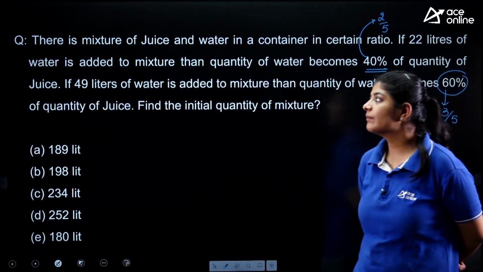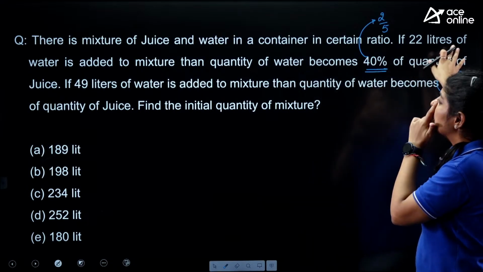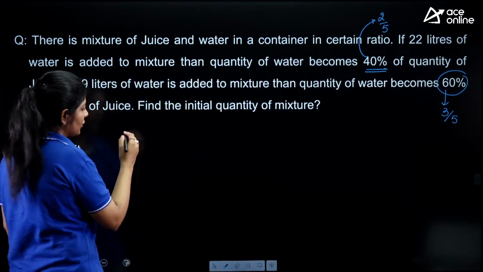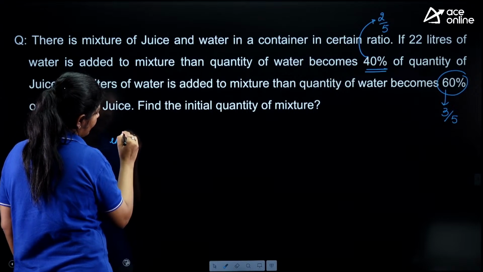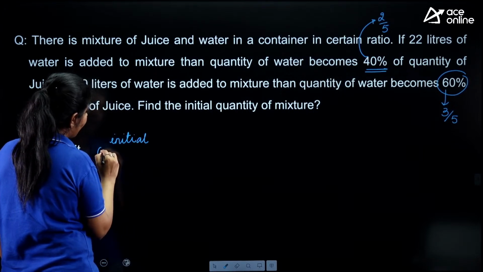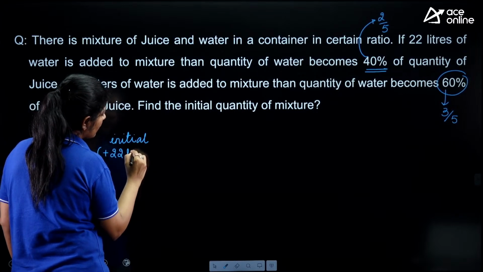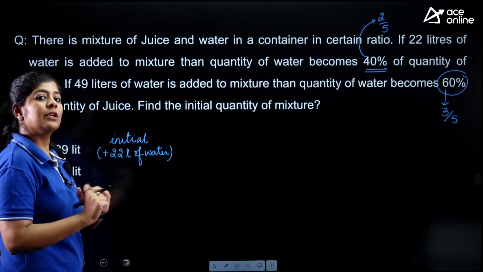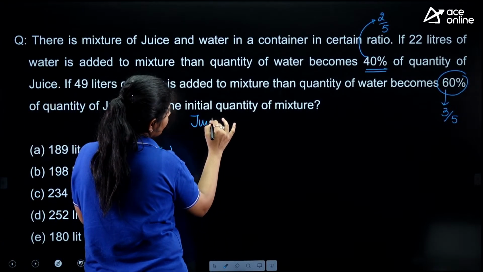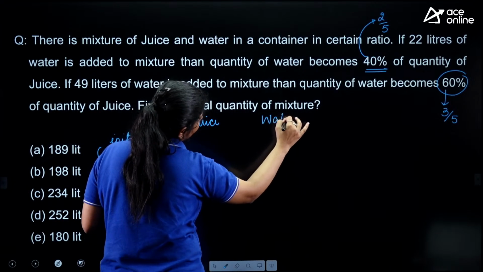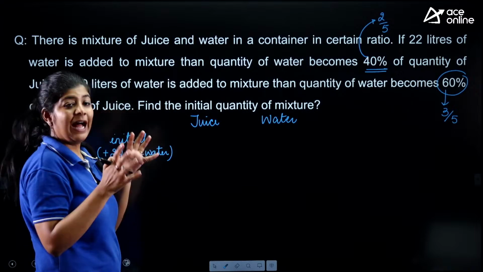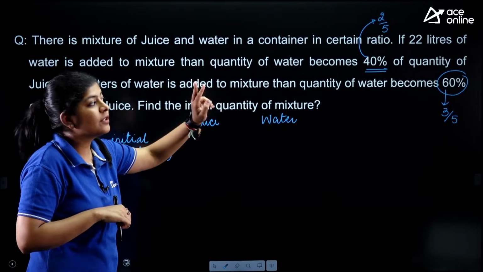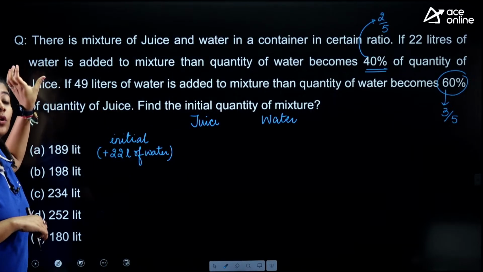Okay, let's start discussing. The question is saying that 22 liters of water is added to the mixture, and the mixture is of juice and water. After doing so, the quantity of water becomes 40% of the quantity of juice.